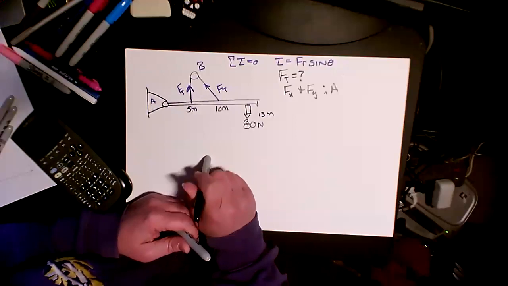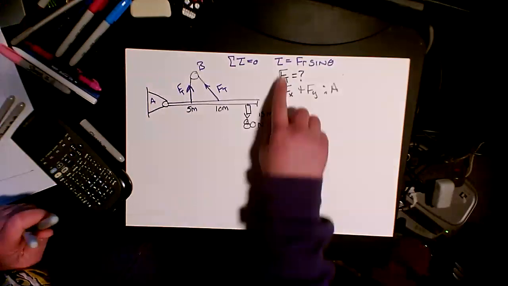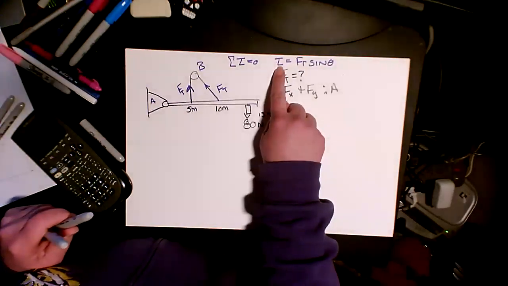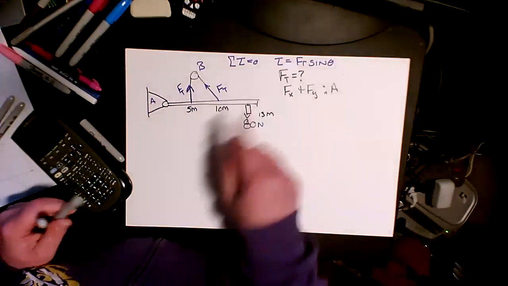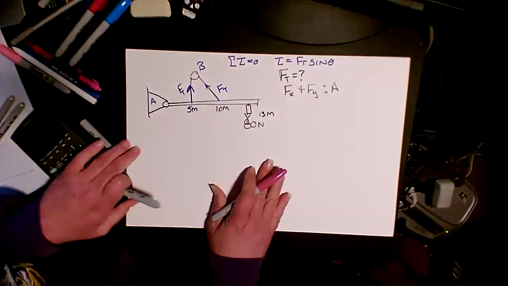So that means I have too many variables. So I have to attack this in two different ways. I do need to use torque, and then my suggestion would be to use forces. It's just probably going to be easier that way.